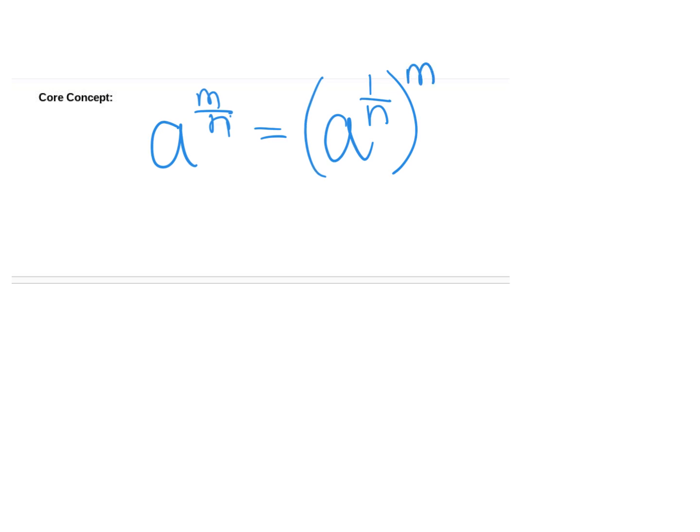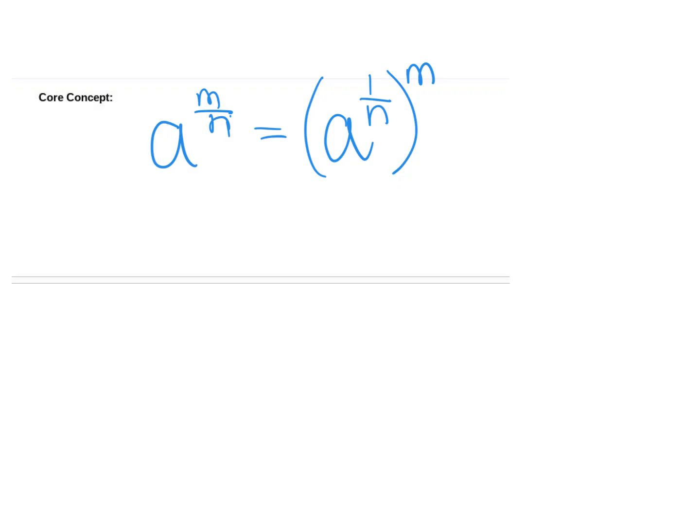So if you have some sort of a rational exponent, the idea is you're going to pull out the radical on the bottom, and that's going to be whatever your root is. So you're just going to change that numerator to a 1. And then whatever your numerator is goes on the outside there. Okay?